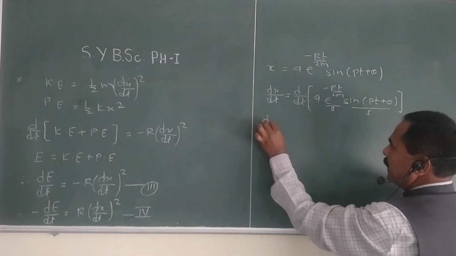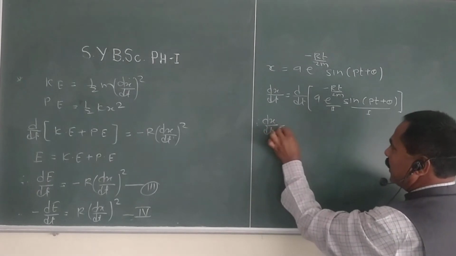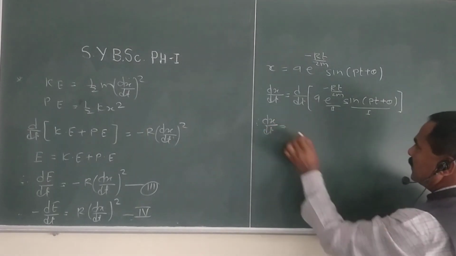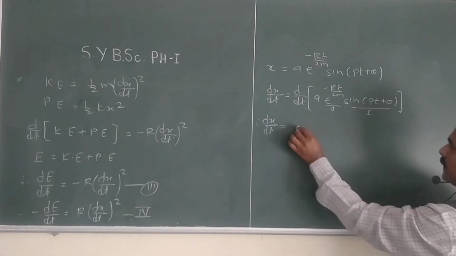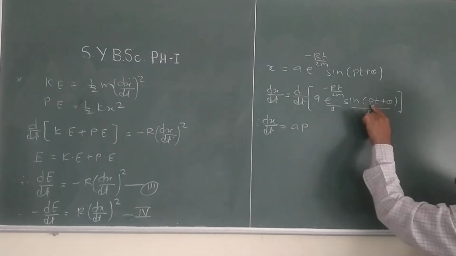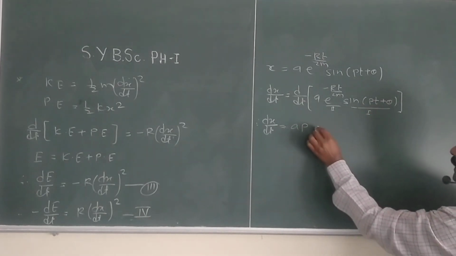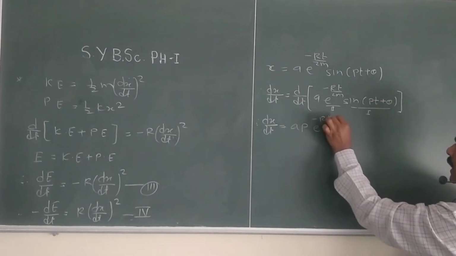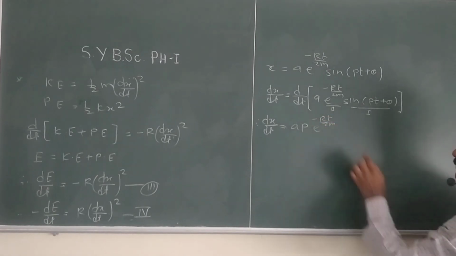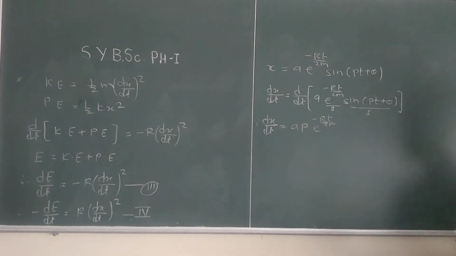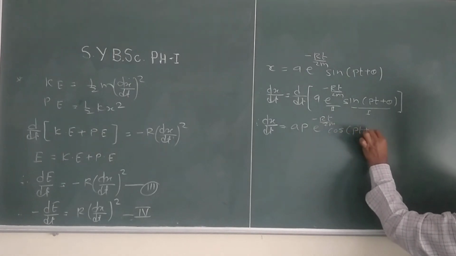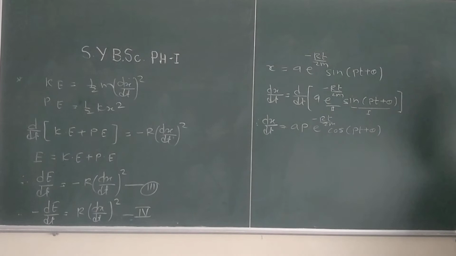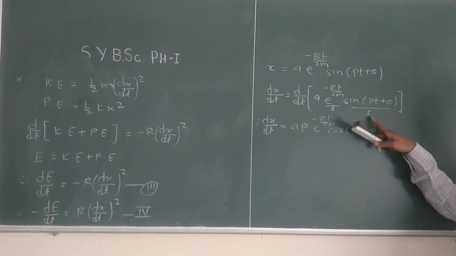Therefore, we write dx by dt equal to: we take the first function and differentiate the second, so we get ap e raised to minus rt upon twice m, the first as it is, then cos of (pt plus theta). So this is the differentiation of the second.